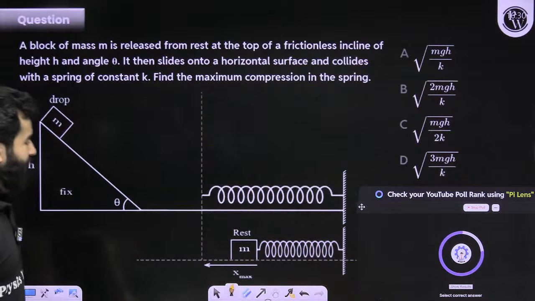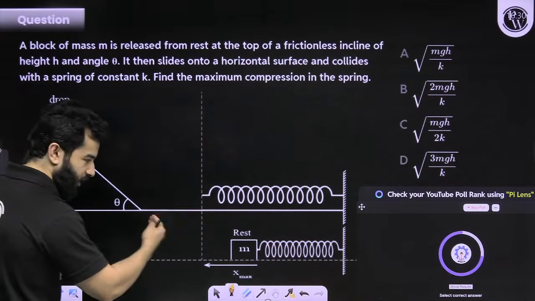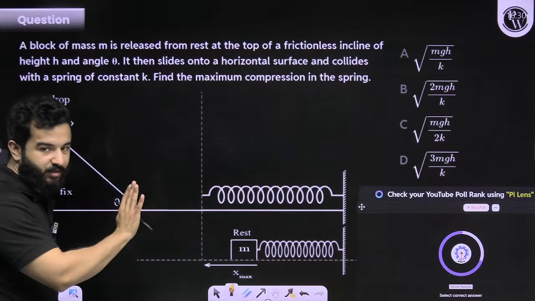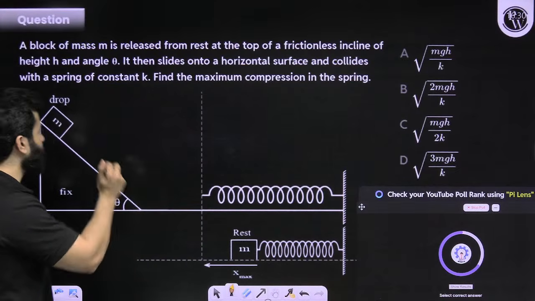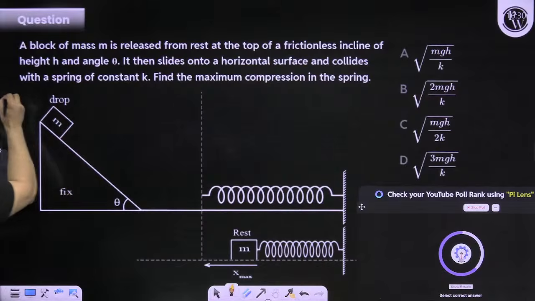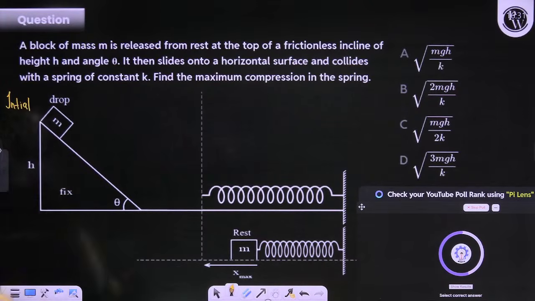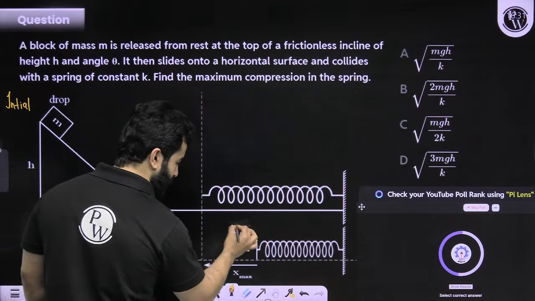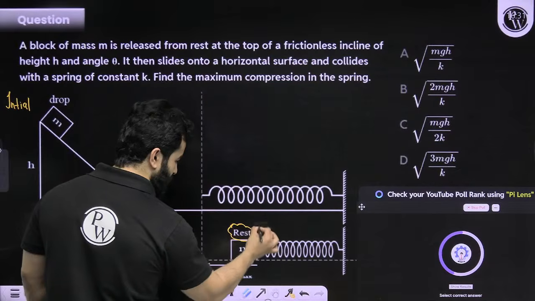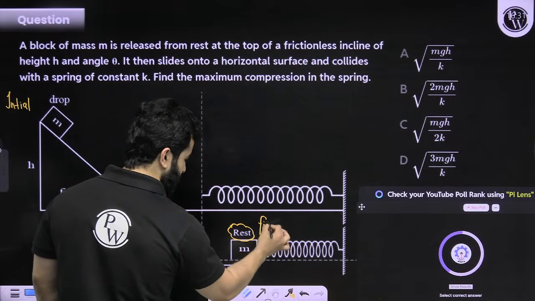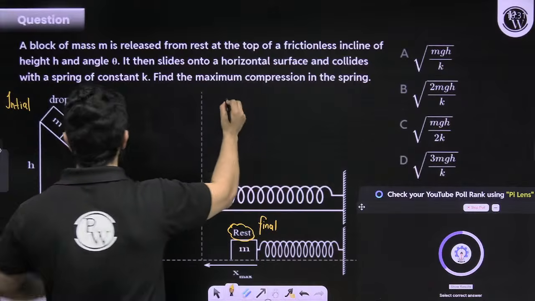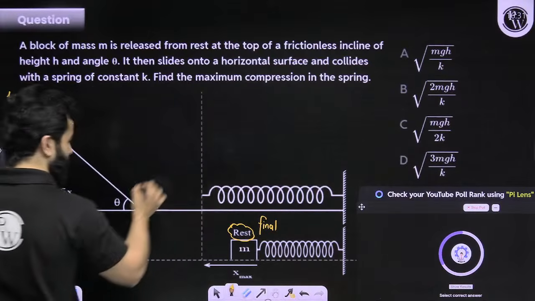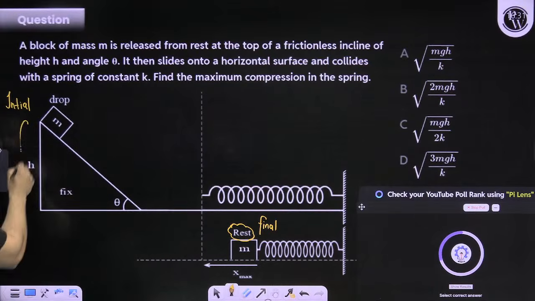Again, you don't have to think about the intermediate stages, right? All you can do is, this is your initial point, this is the initial state of the system, and then they are saying that we have to find out the maximum compression. At maximum compression, of course, it will come to rest. So this is your final state. So simply write down initial energy is mgh, this is h.